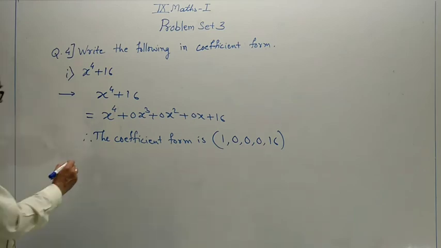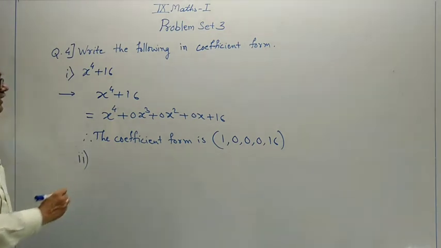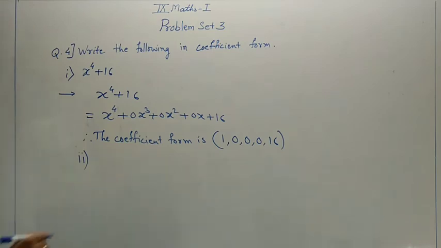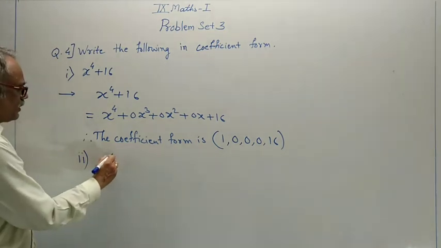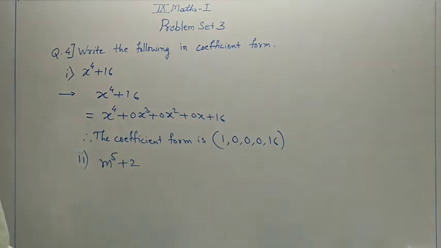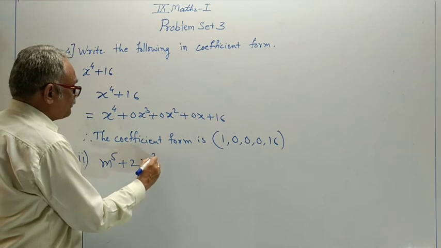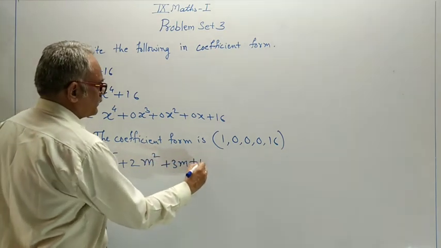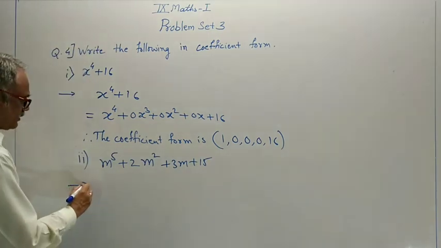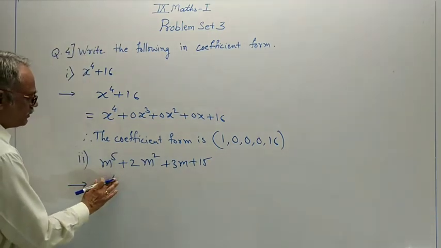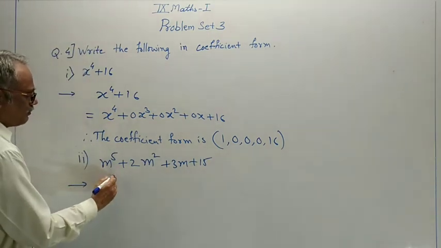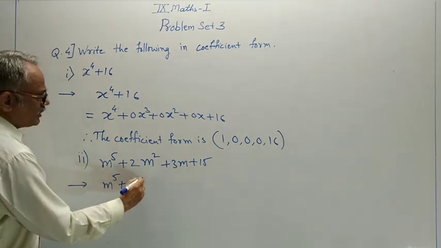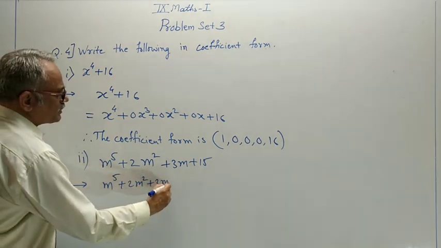Then the second one, the second sub question in that is m raised to 5 plus 2m square plus 3m plus 15. So again I am writing the same, m raised to 5 plus 2m square plus 3m plus 15.